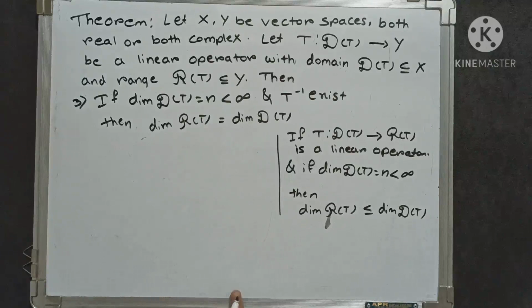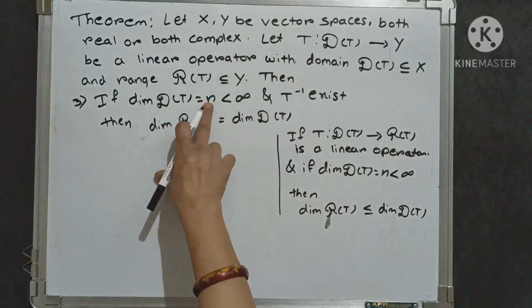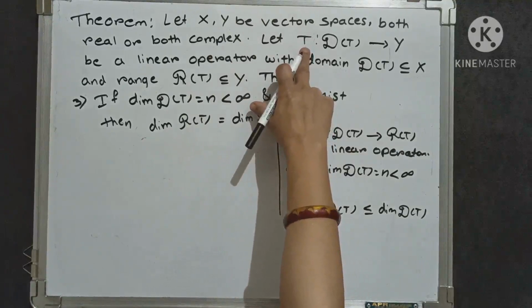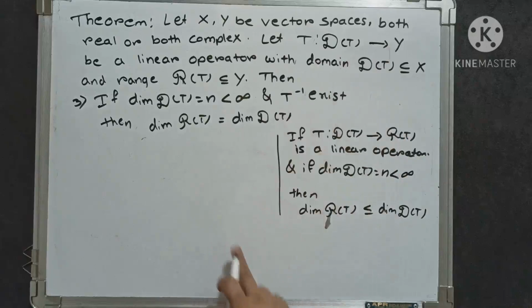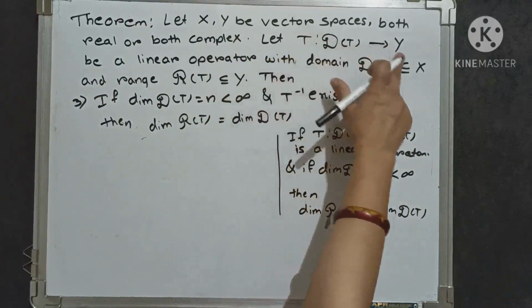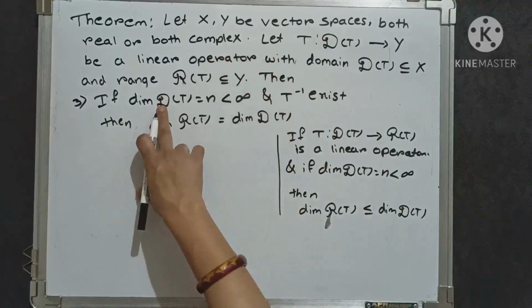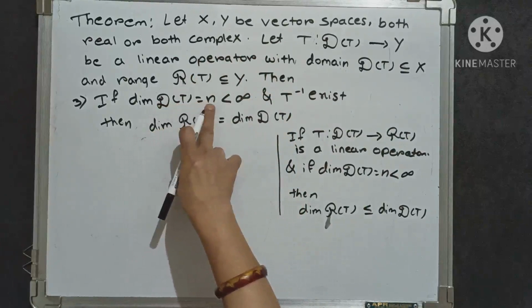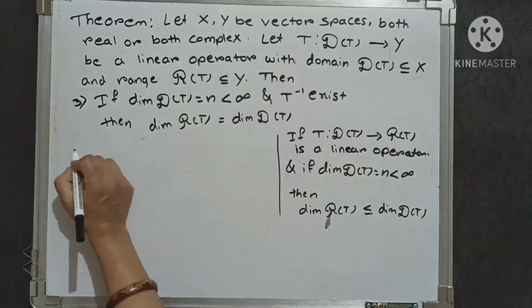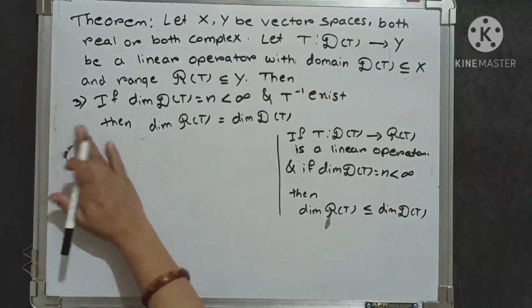As here it is given that the dimension of script D of T equals n, which is less than infinity, and again in the given condition the operator T, which is from script D of T to script R of T, is a linear operator, therefore from these two conditions, by using this statement here we get that. Now see in proof.